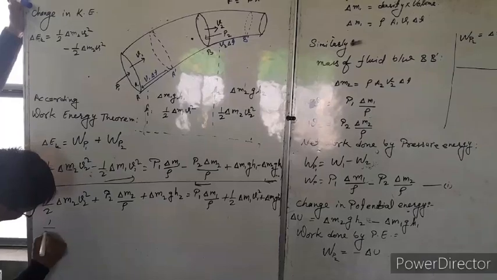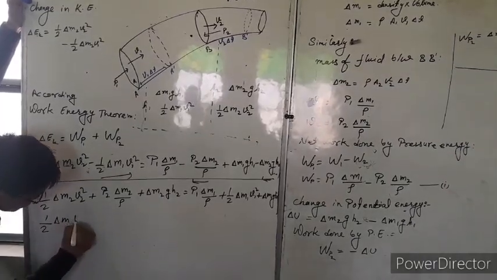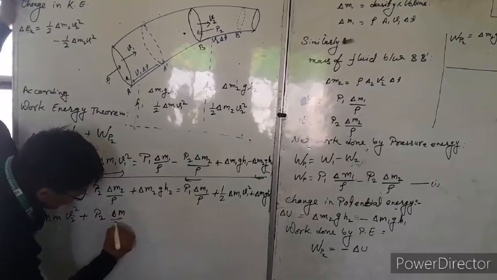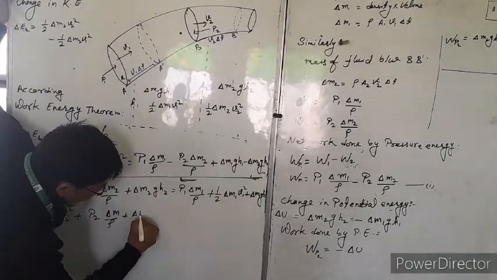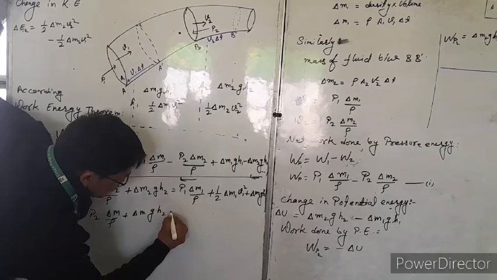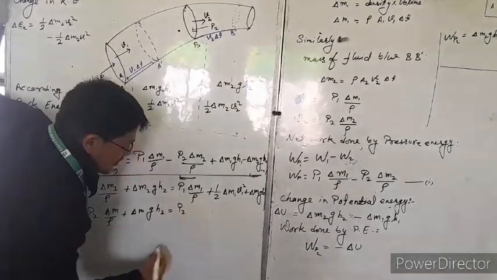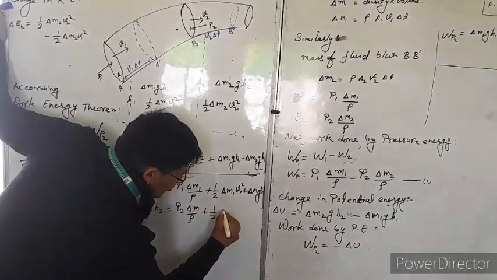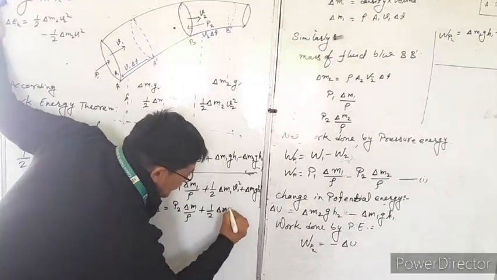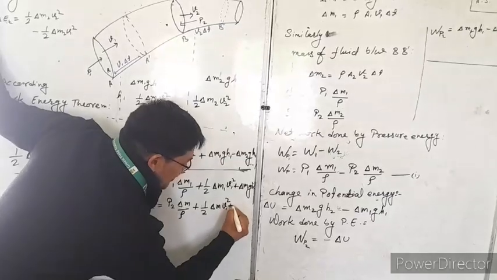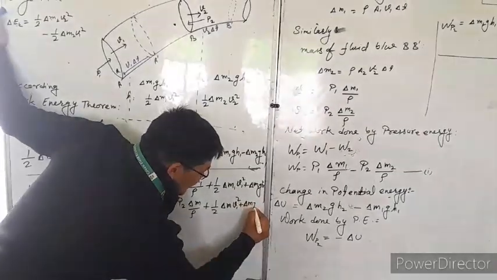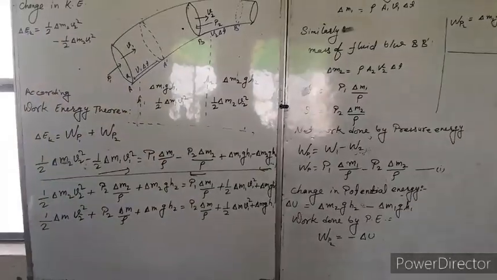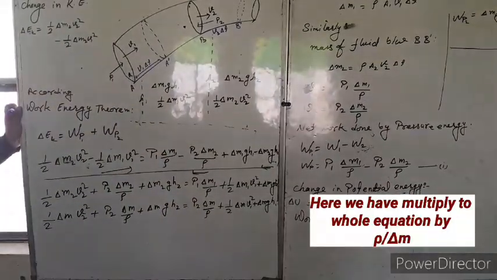So you will get 1 upon 2 Δm v2 square plus P2 Δm upon rho plus Δm g h2 is equal to P1 Δm upon rho plus 1 upon 2 Δm v1 square plus Δm g h1. Is that clear?